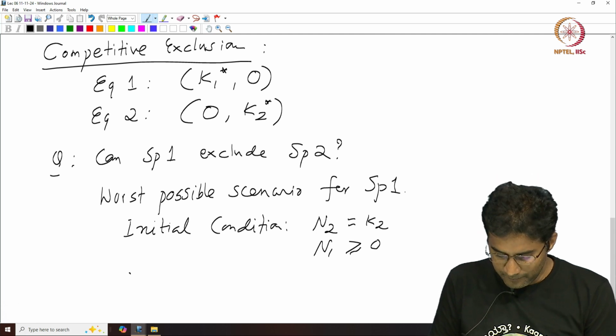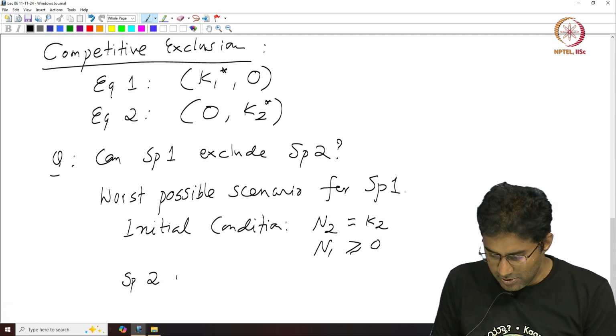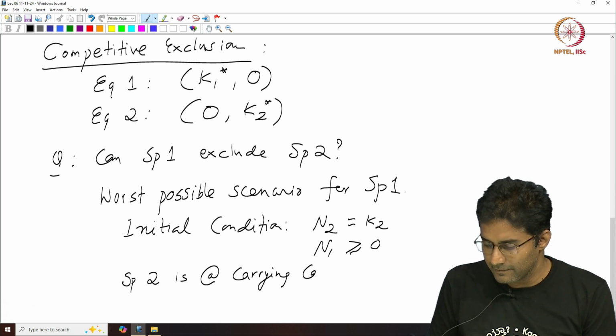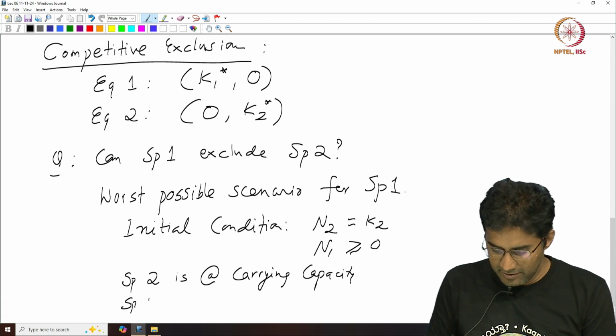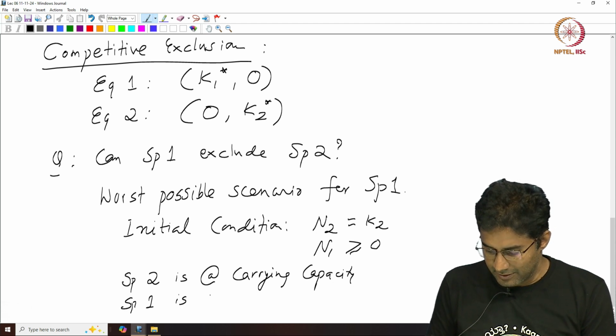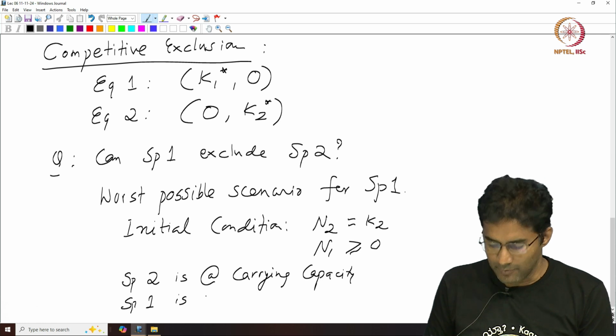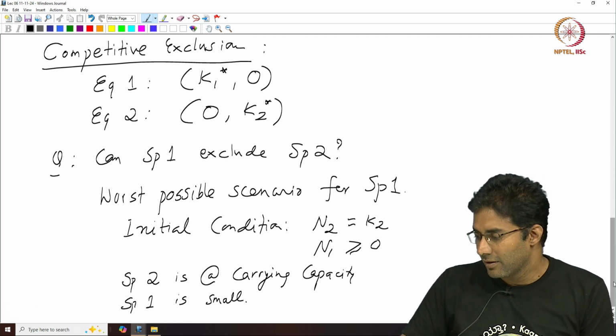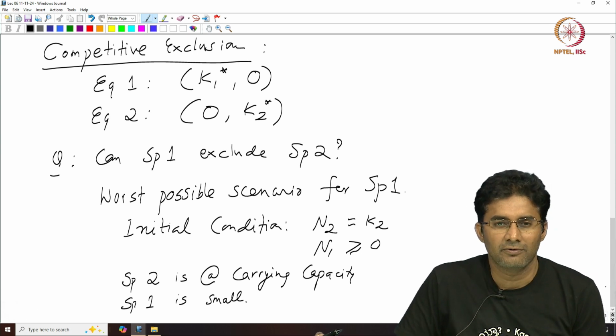In other words, species 2 is at its carrying capacity, and species 1 is really tiny and small, but not 0, because of course if it was totally 0, then what can happen.